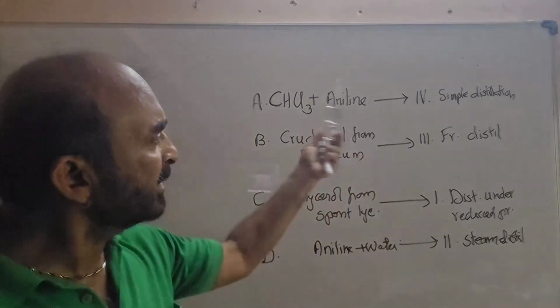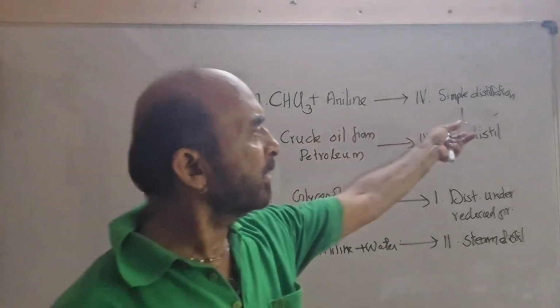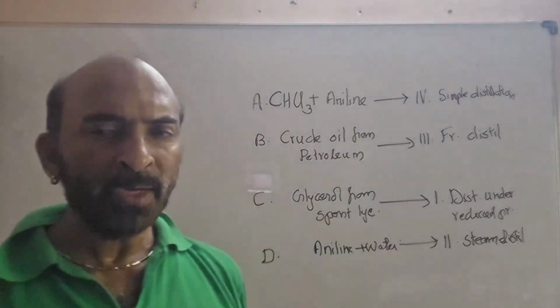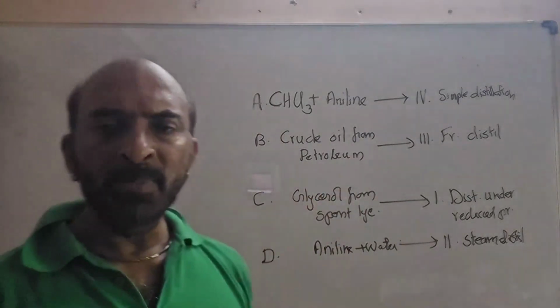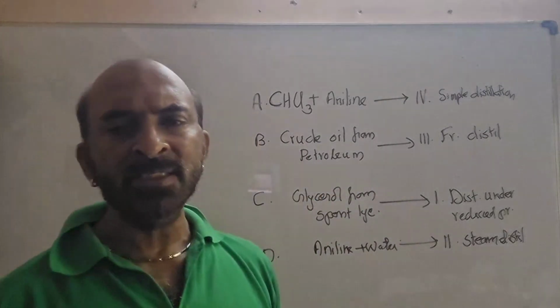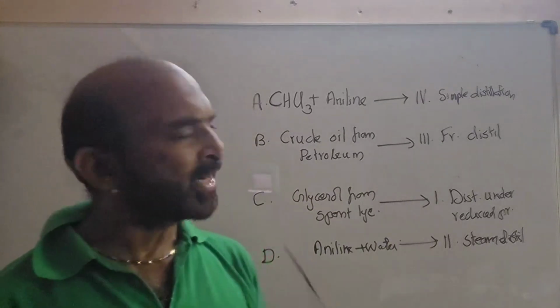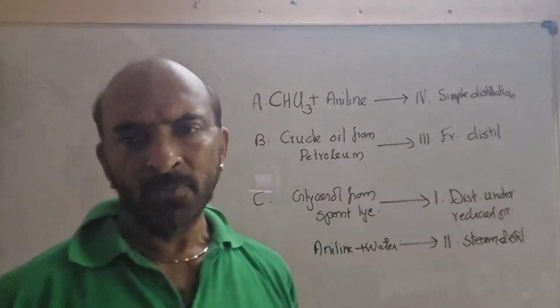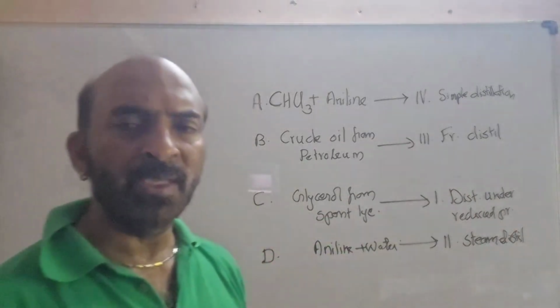So they can be easily separated by simple distillation. Next one, crude oil. In the petroleum industry, there are several fractions to be separated. They don't differ much in their boiling point, so fractional distillation is the method.